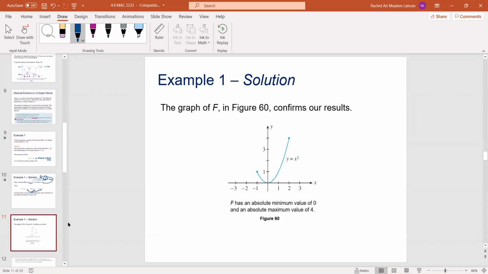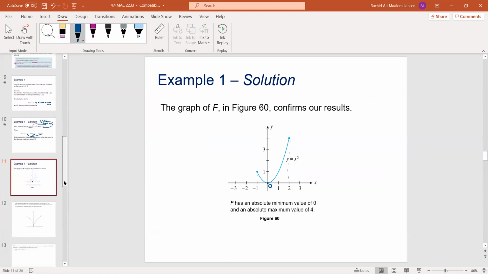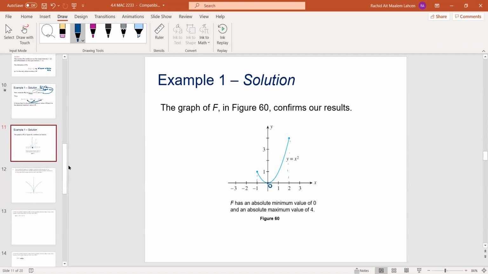And if you do the graph, you're going to see what happens between -1, 0 and 2. It's clear that the minimum is at 0, the maximum is at 2, and -1 is in between. So that's the first part of how you're going to work with it.